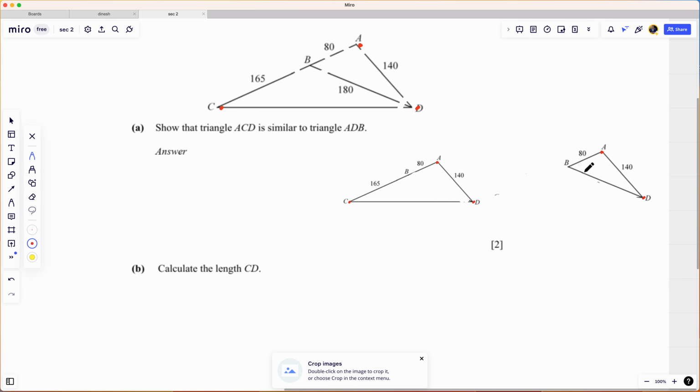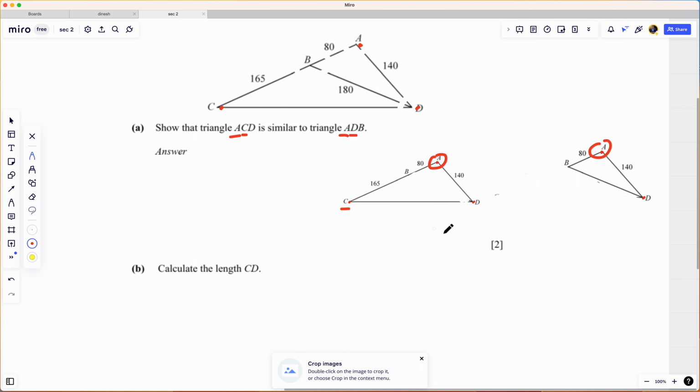Once you extract the two triangles out, you can see that A matches with A, and C matches with D. So that means your D is here. What you need to do is flip it.